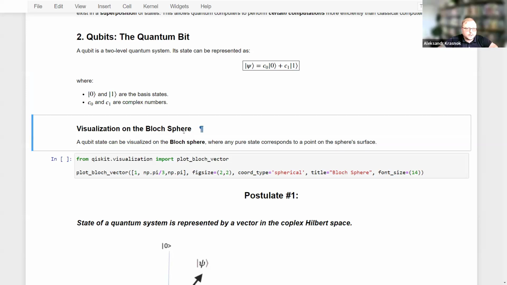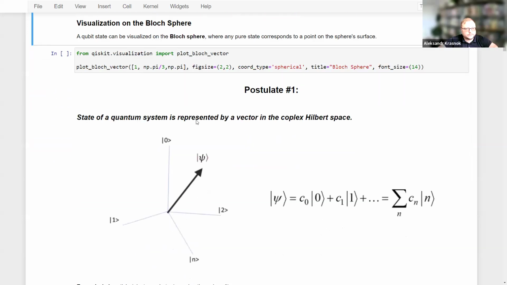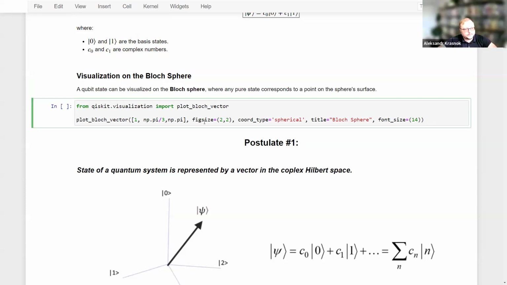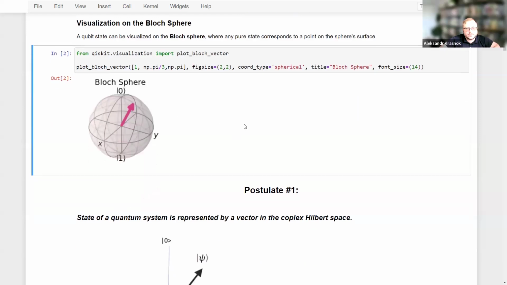Also last time we said that the state of one single qubit can be graphically represented by the Bloch sphere.